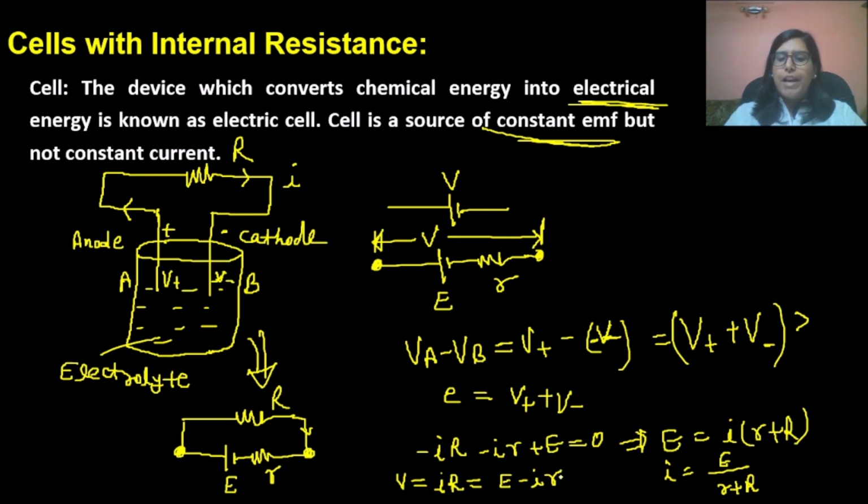So the value of I we know, so we can put this value, and this will become E into R upon small r plus capital R. So what we have seen is how to calculate the voltage across the cell.